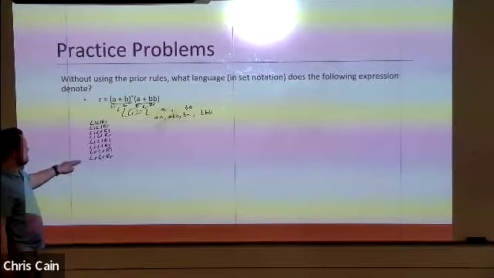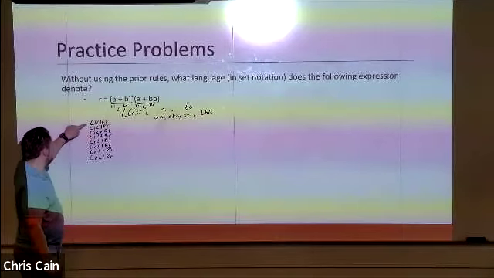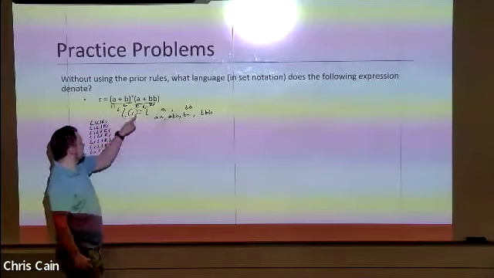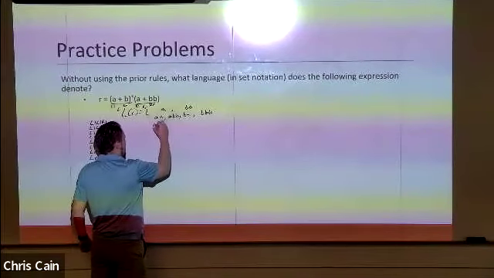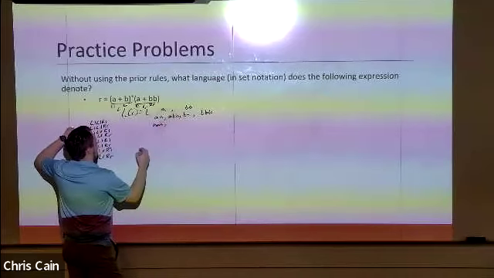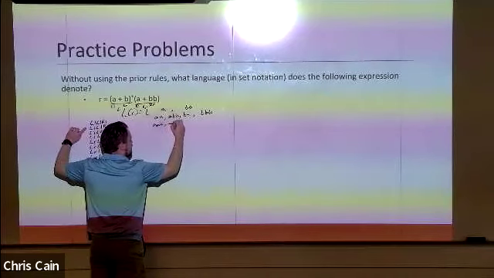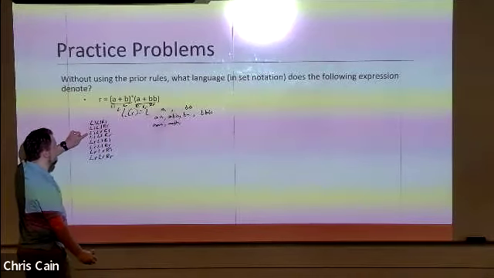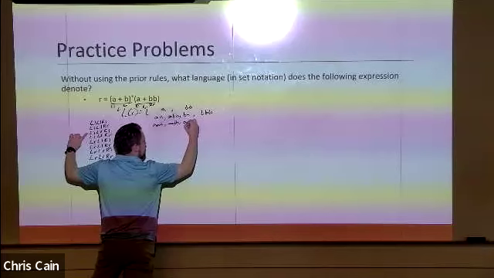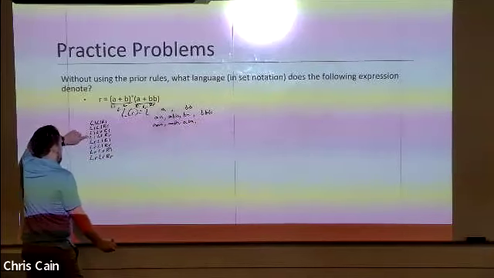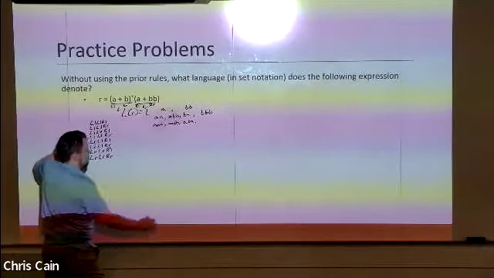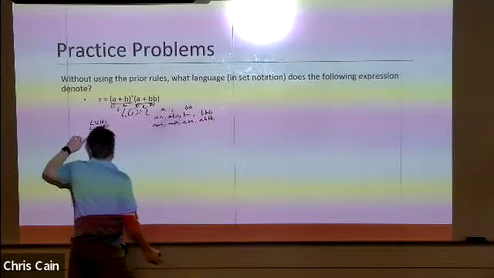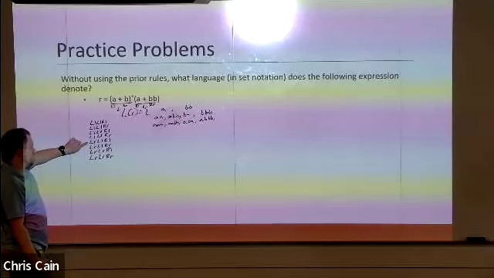So if we wanted to list these out, this represents A, this represents that same A, this represents the A. So we end up with A. We end up with A's, B. We end up with A, B. We end up with B, A.